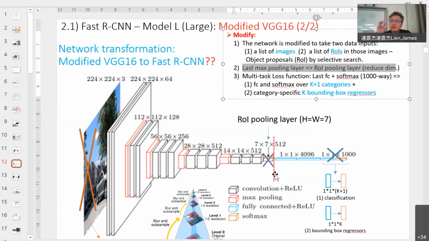But if you ignore this one, here is 14 by 14 by 512. It's a lot. Even though it's good to reduce, 14 by 14 by 512 is a lot of flattened network cells. But right now the GPU is okay. At this time, the GPU 1080, 2080, it's all okay.